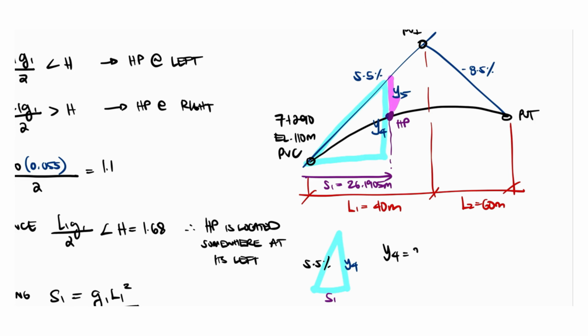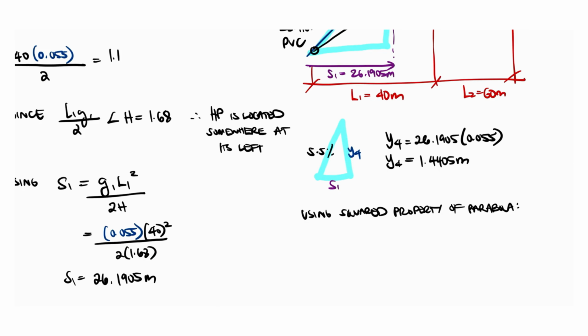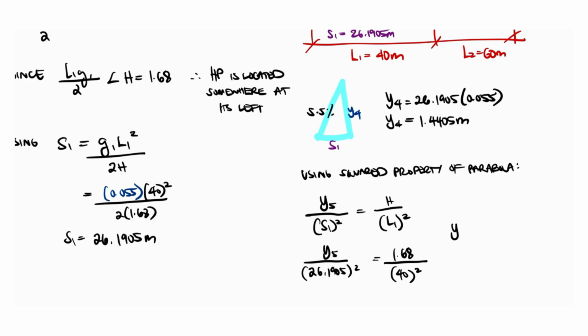Thus, y4 is equal to 26.1905 times 0.055, which is 1.4405 meters. Then, using the parabolic relationship, we express y5 over the square of S1 is equal to h over the square of L1. Substituting the values, we obtain y5 is equal to 0.7202 meters.